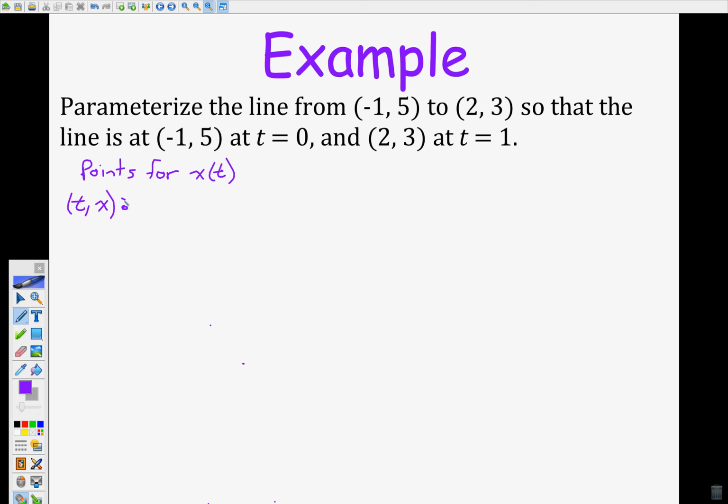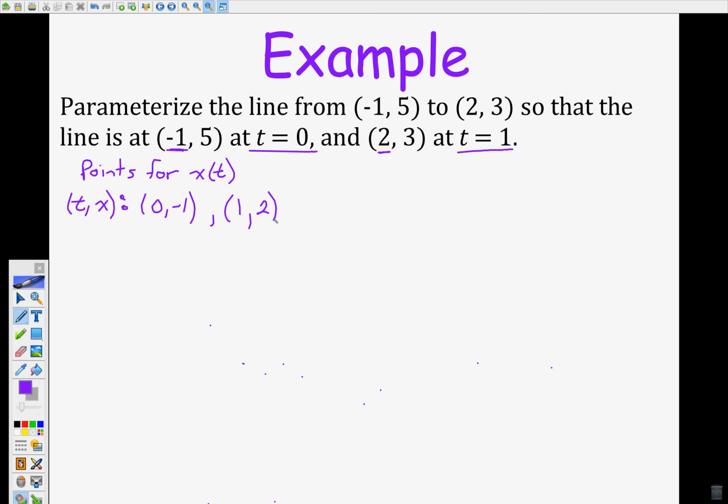So when time is 0, x is -1, which gives me the point (0, -1). And when time is 1, x is 2. So that gives me a second point, (1, 2).